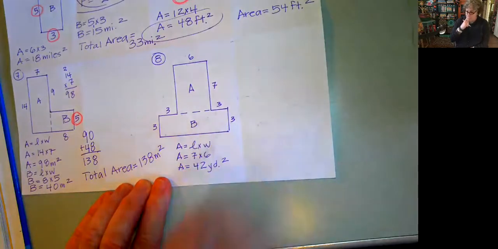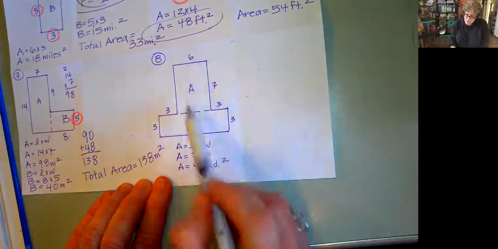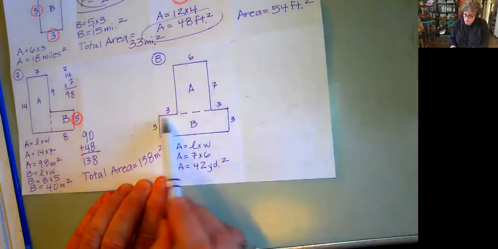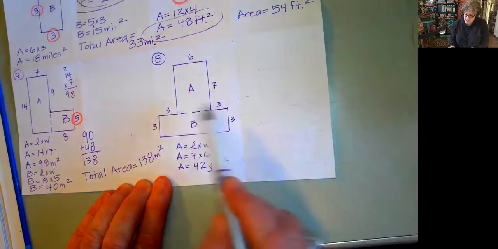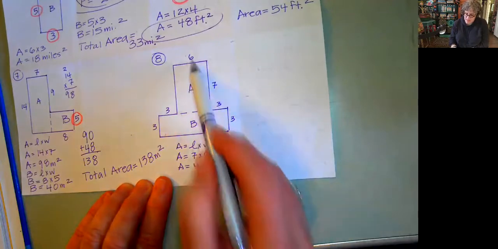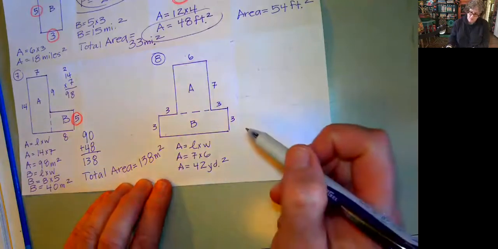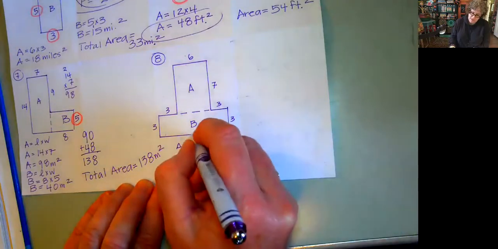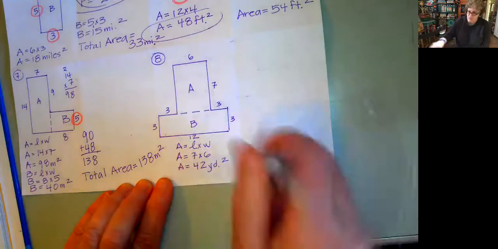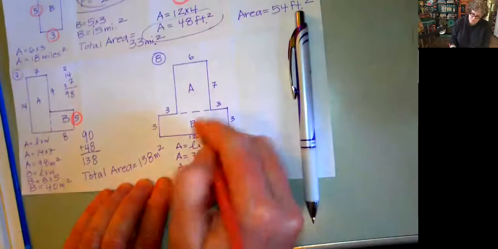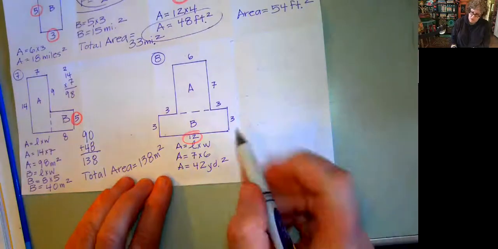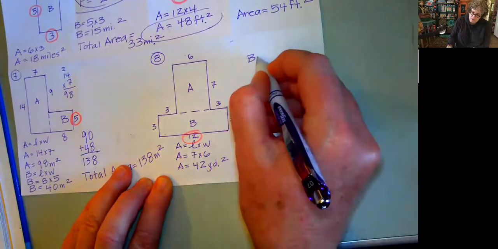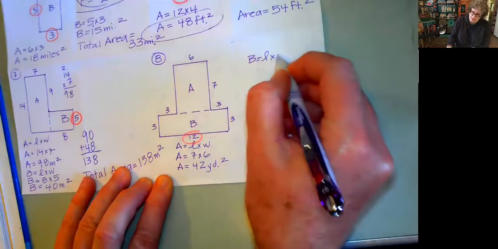Now we have to find B. Now we know that this part is 6. So to get the total length of B, we could take this 3 plus 3 plus 6, and that would give us the total length. And we know that 6 plus 6 is 12. So this was our missing number. So we're going to call this B equals length times width.